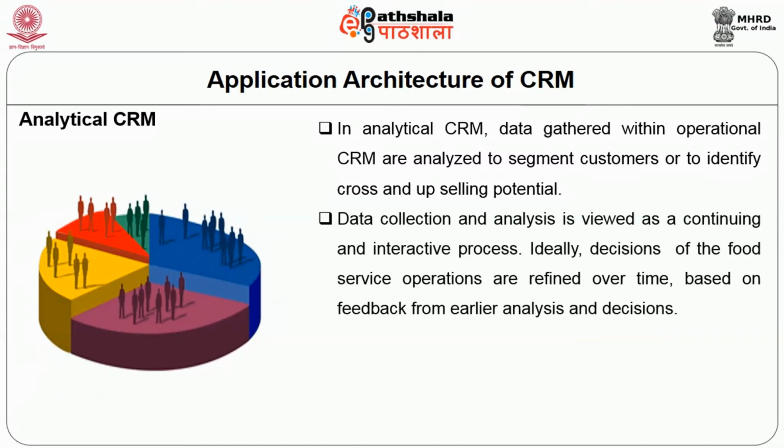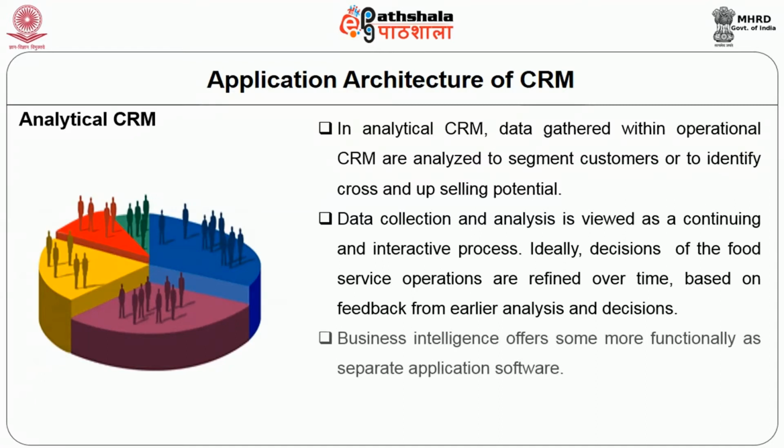Data collection and analysis is viewed as a continuing and interactive process. Ideally, the decisions of the food service operations are refined over a period of time based on the feedback, that is, the evaluation from earlier analysis and decisions. Business intelligence offers some more functionality as sequence application software.